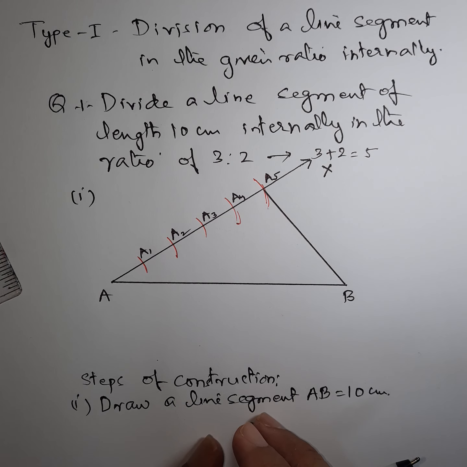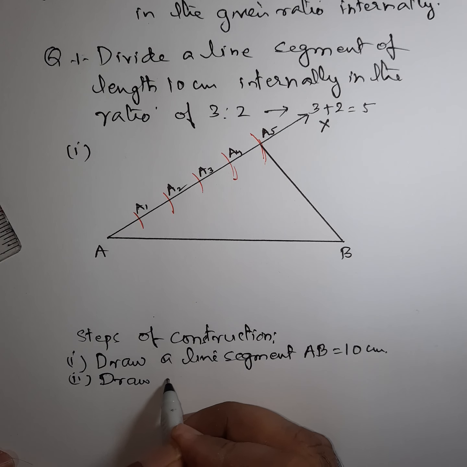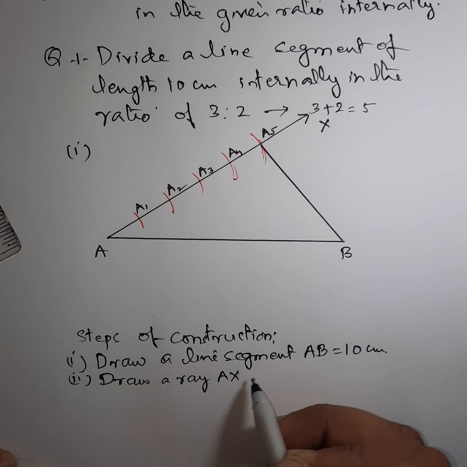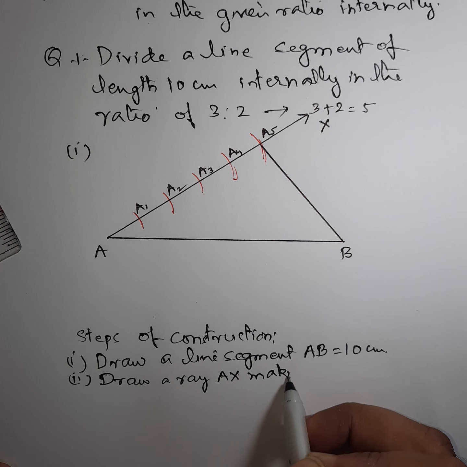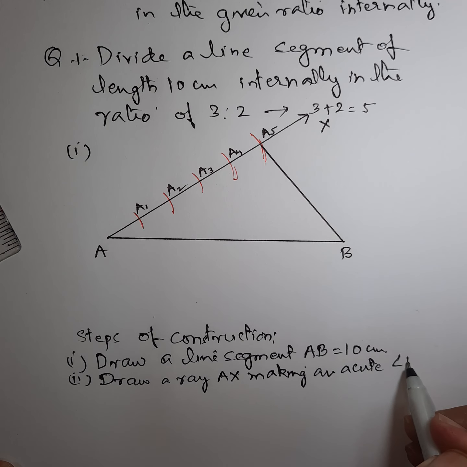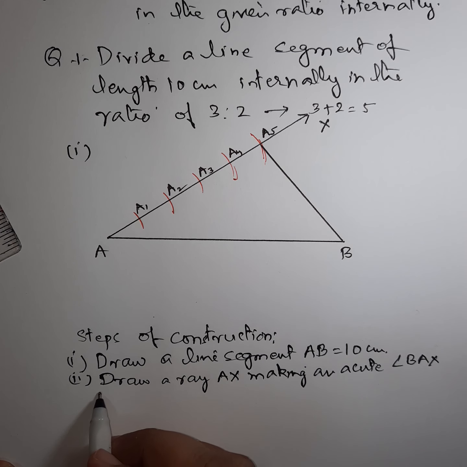So our second step we have done: draw a ray AX making an acute angle, angle BAX, with AB.